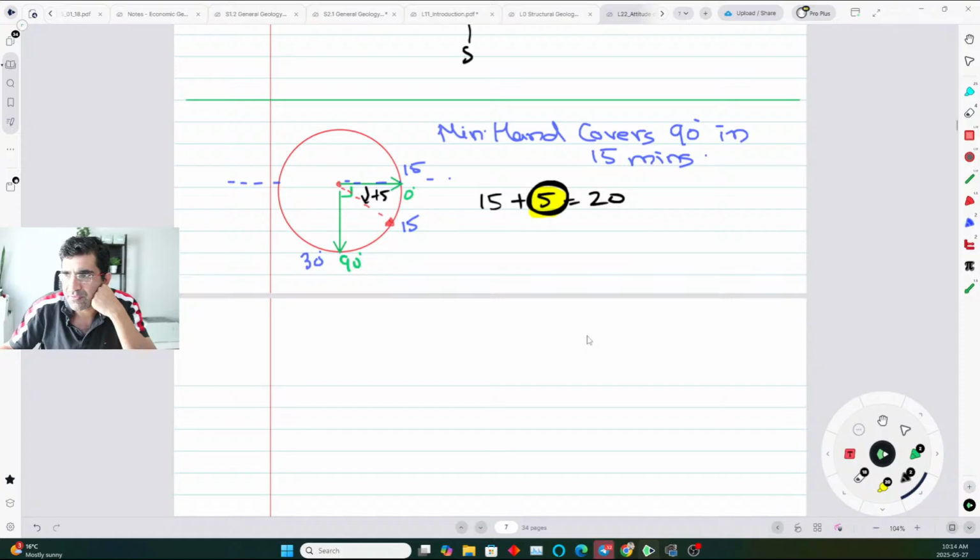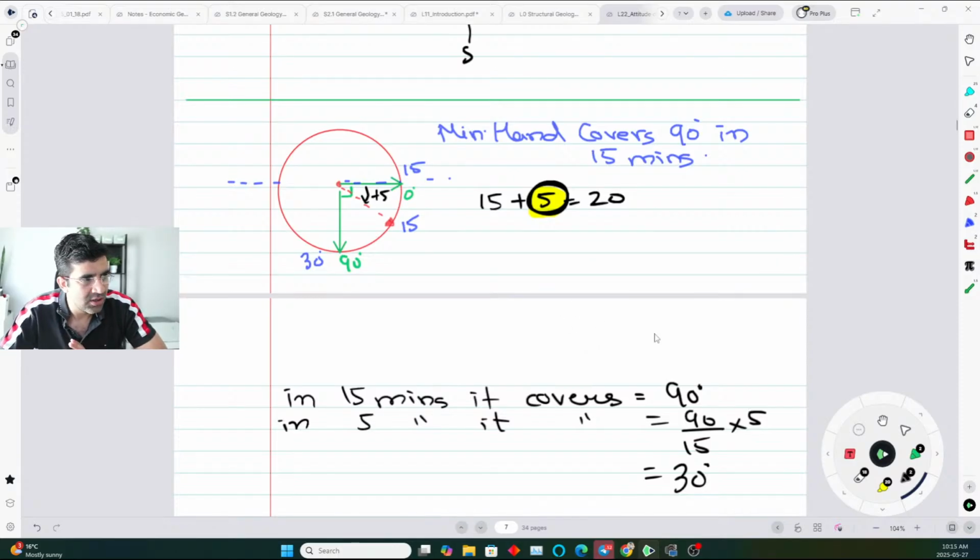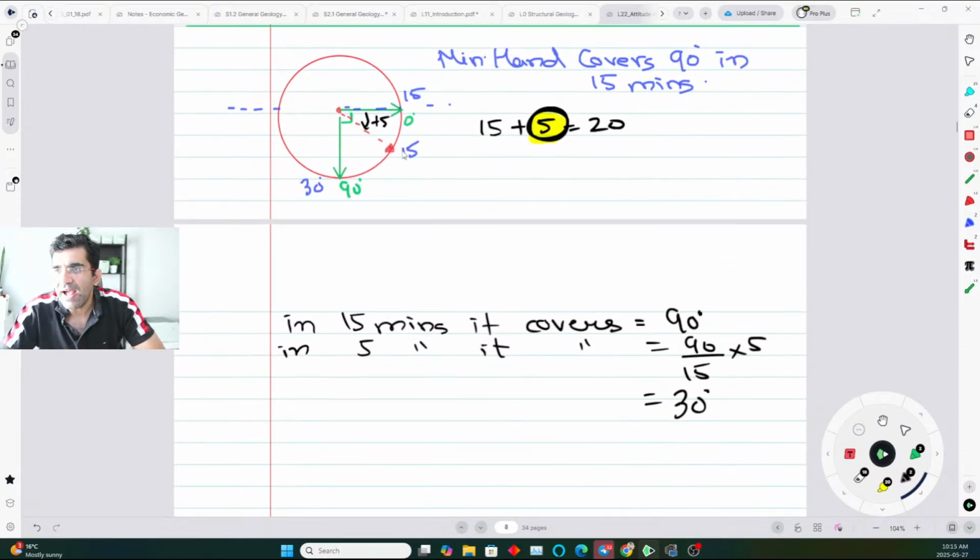So in 15 minutes it covers 90 degrees. So in 5 minutes, it covers 90 divided by 15 times 5, which is 30 degrees. So you have to add 30 degrees to it. So this angle you have now found will be 30 degrees.